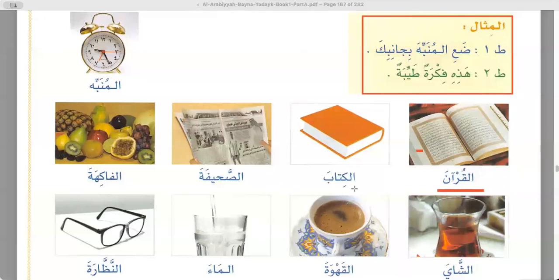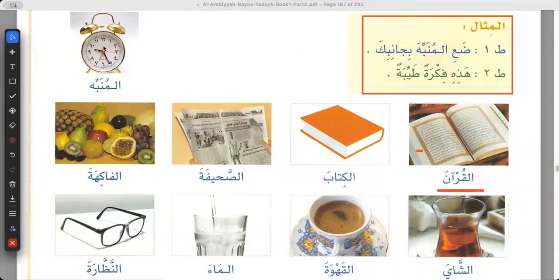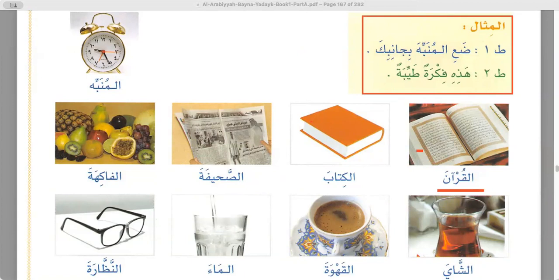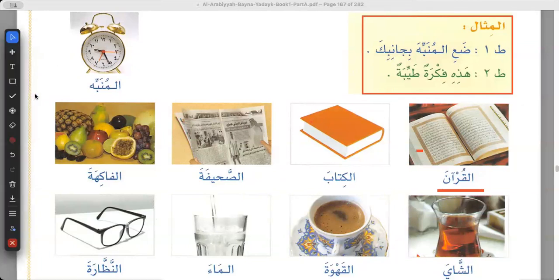Number 114. Number 561. ضع الكتاب بجانبك. هذه فكرة طيبة.